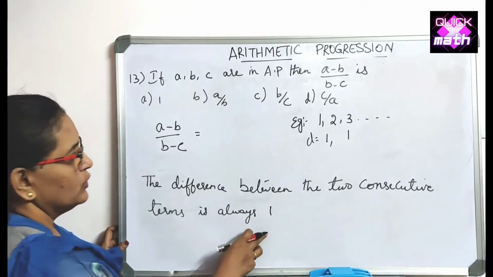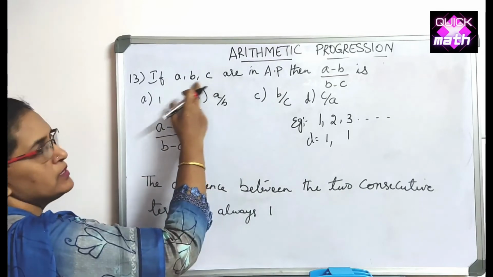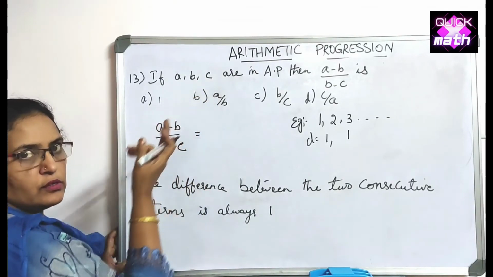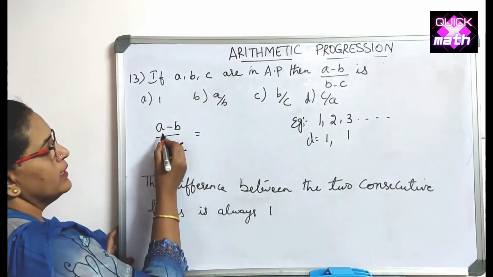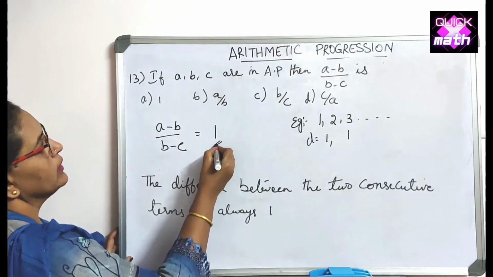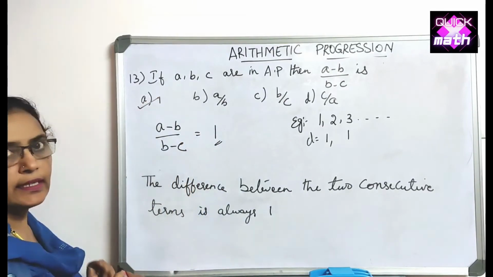Okay, so for that what do we do? Now this is in the variable, this also is consecutive variables. So A, B, C, that means it is also 1. For that we can say A minus B divided by B minus C is always 1. So the option A is the correct answer.